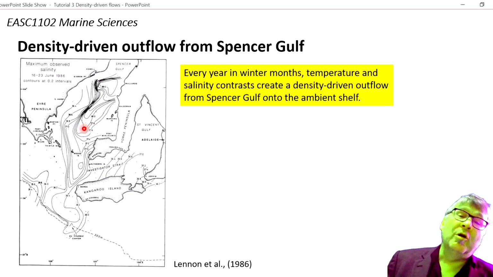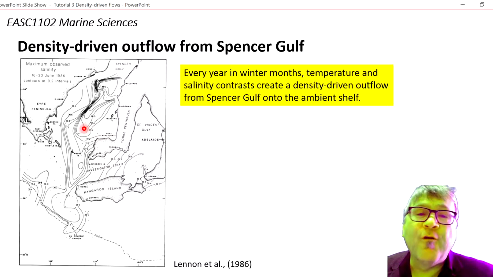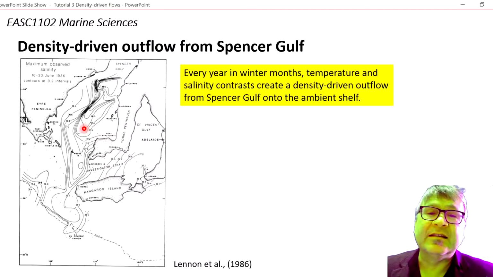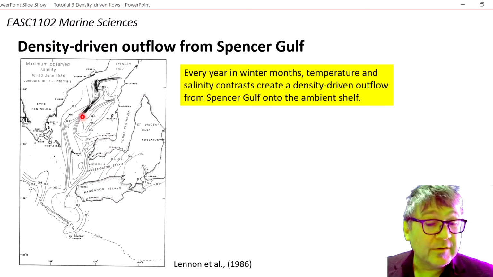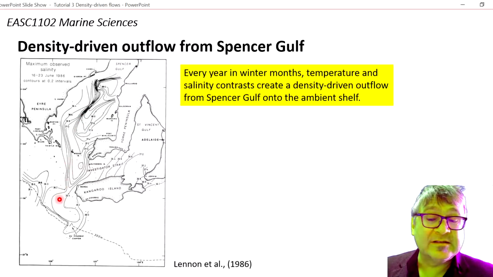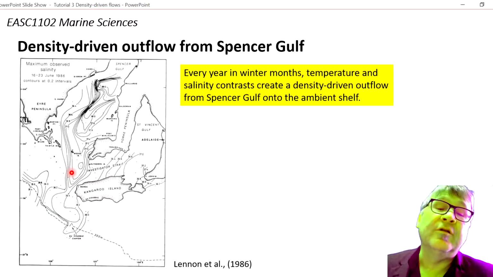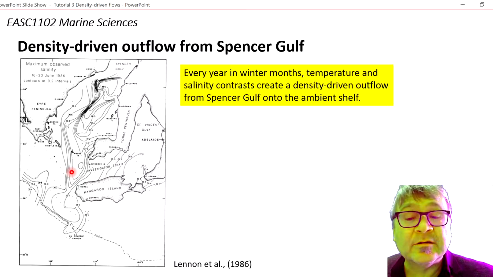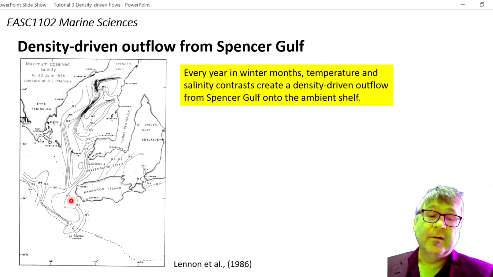In the open ocean, salinities between 34 and 35, something like that, is way more typical. Again, you can see the outflow of saline water. This is near the bottom. Okay? And it's actually a combination of temperature and salinity that creates the density excess that drives the outflow.